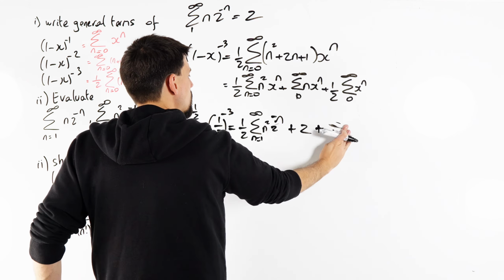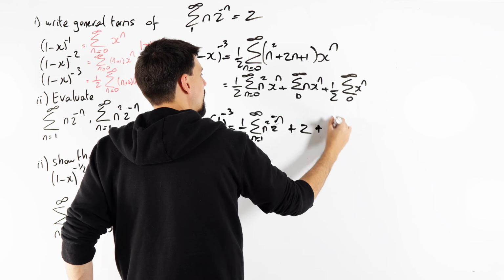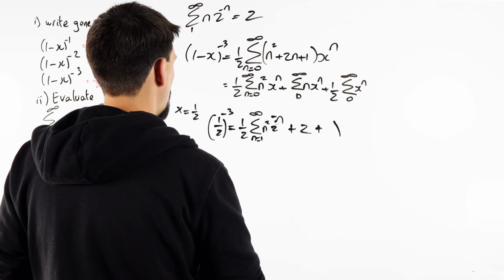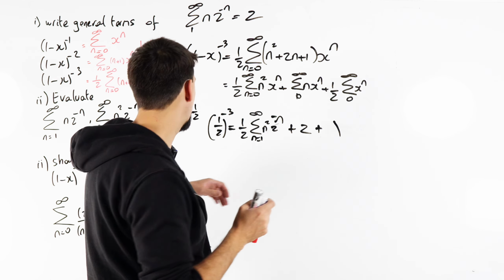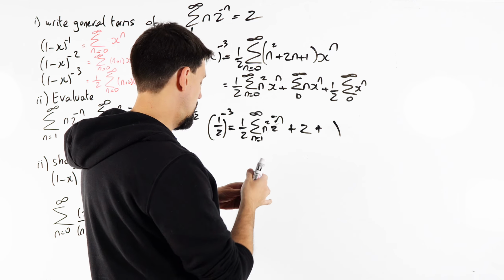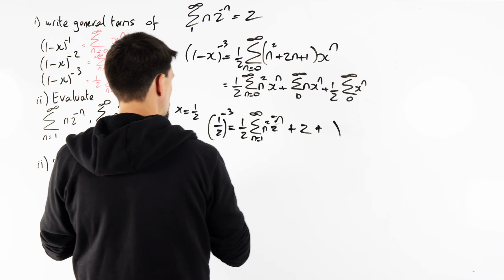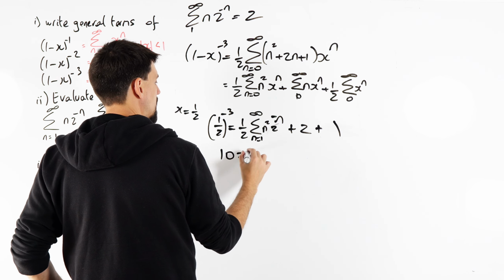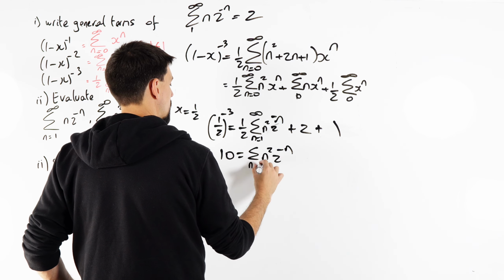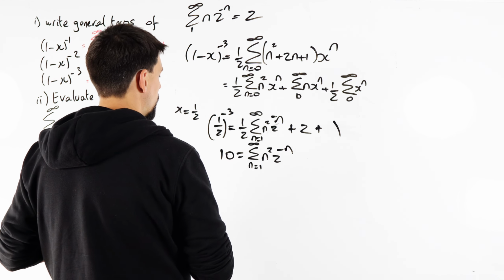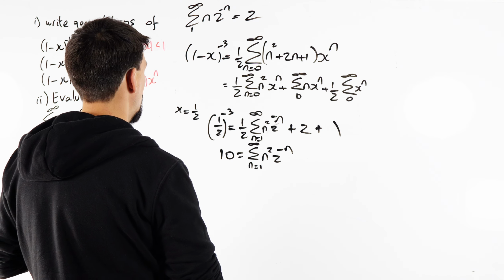Aha! But that's 2, so that's a 1. That almost went catastrophically. I forgot about that 1/2. Never forget the 1/2. 8 minus 3 is 5. So that will tell me that this is 10, apparently.